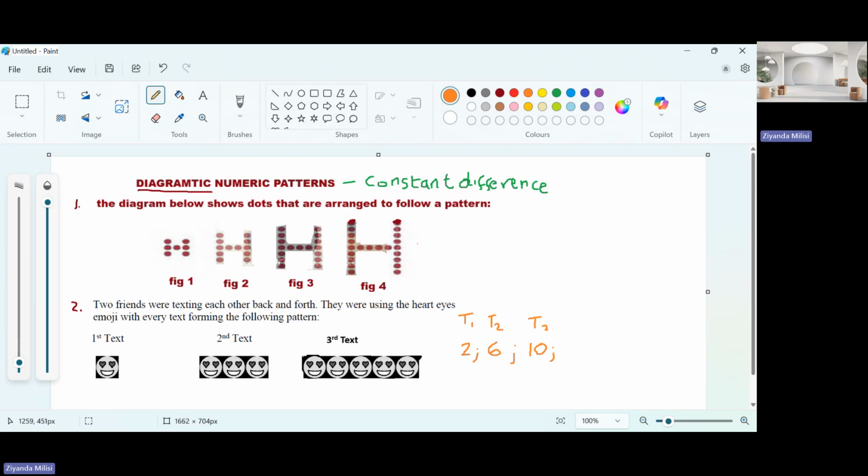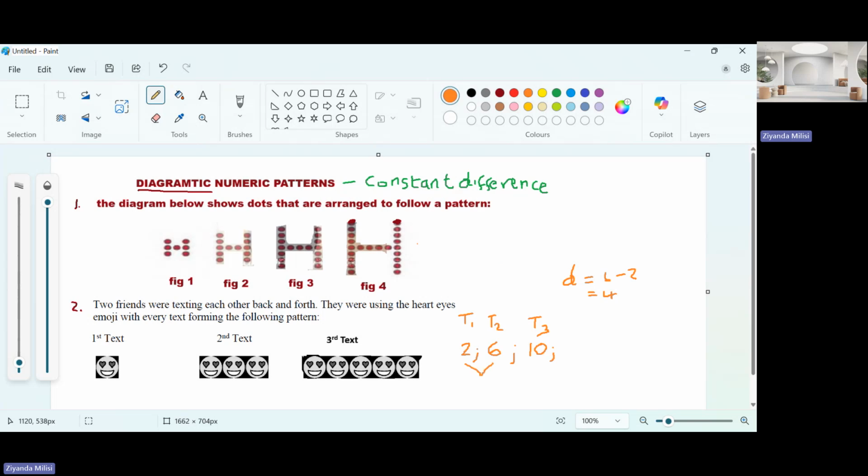Let's work out the constant difference D for this particular sequence. It's T2 minus T1, 6 minus 2, which is 4. Then the next one, T3 minus T2, 10 minus 6, it's still 4.